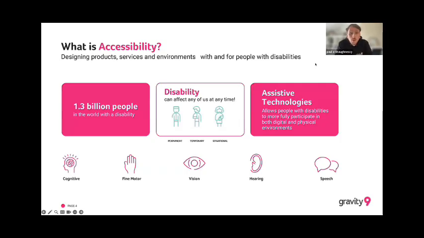I'd like to speak about what accessibility is. Accessibility is about making sure that people with disabilities can access digital products and services just the same as everyone else. There are a lot of people in the world who have a disability, 1.3 billion people. And interestingly, 80% of these disabilities are invisible. Things like vision and hearing impairments, cognitive disabilities such as ADHD or autism.